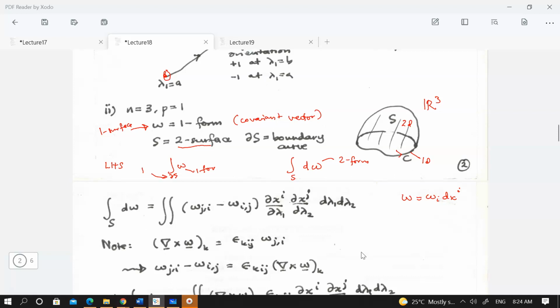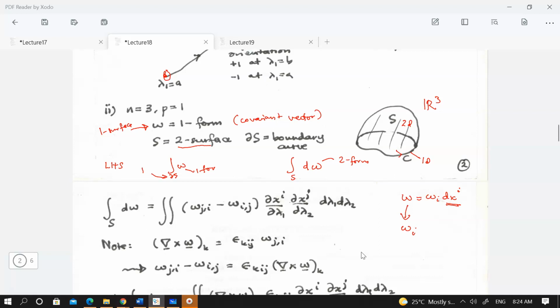There is a much more coherent theory, so that's why I already put this as dx^i. But the idea is that this is now a vector, so I will be considering components like this, given by omega_i with the index at the bottom. So this will be the covariant vector, one form.